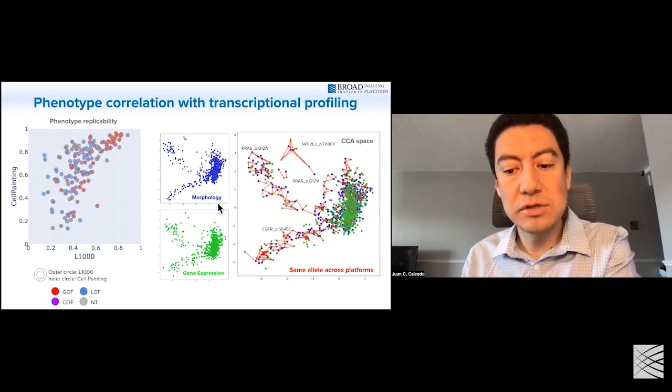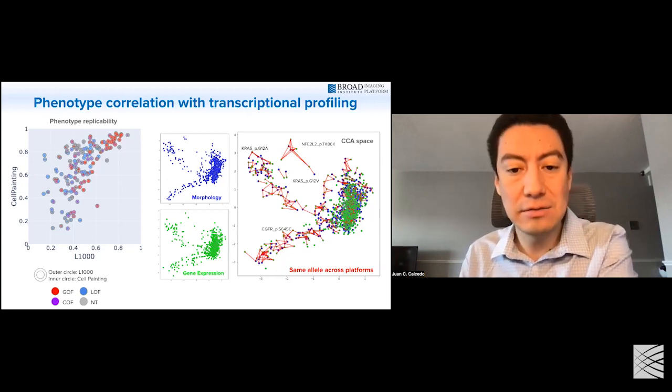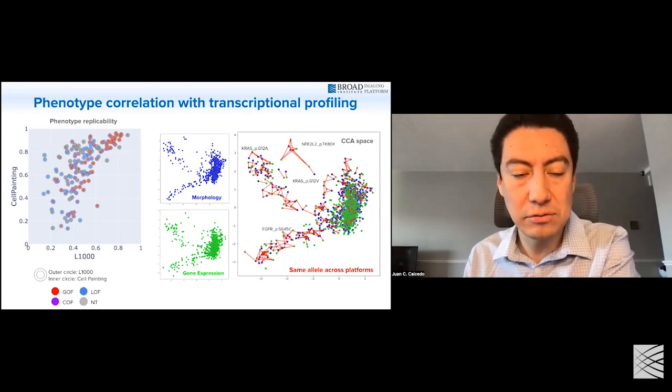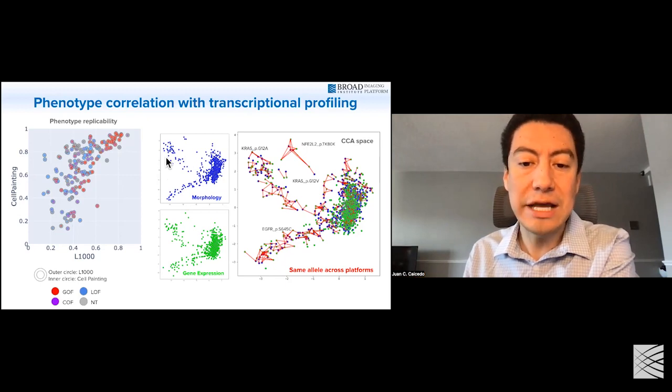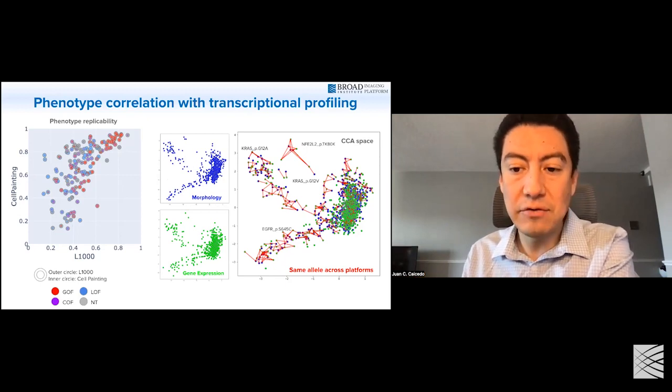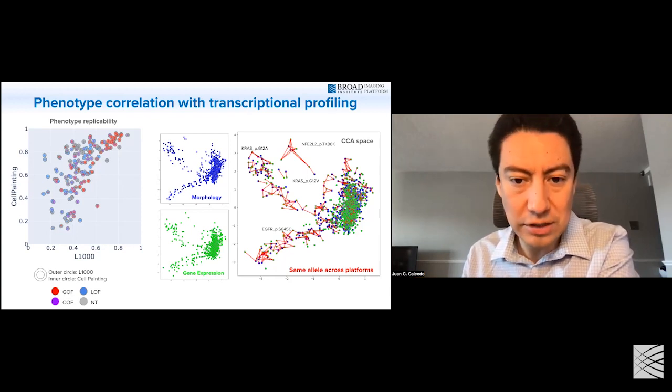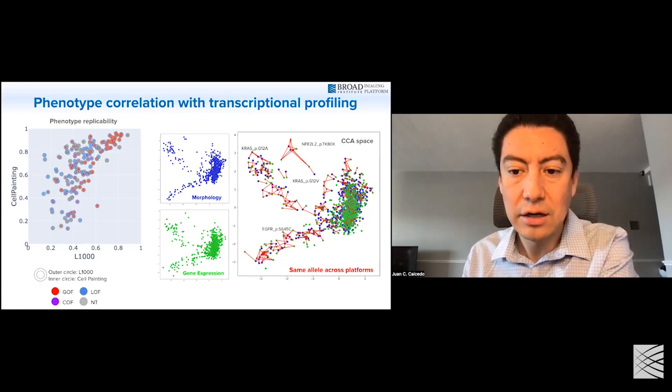We also used canonical correlation analysis to see how well aligned both assays are with respect to the correlations across multiple variants. And in this joint latent space, we can see variance in green indicating the gene expression profile and variance in blue indicating the morphology profile.